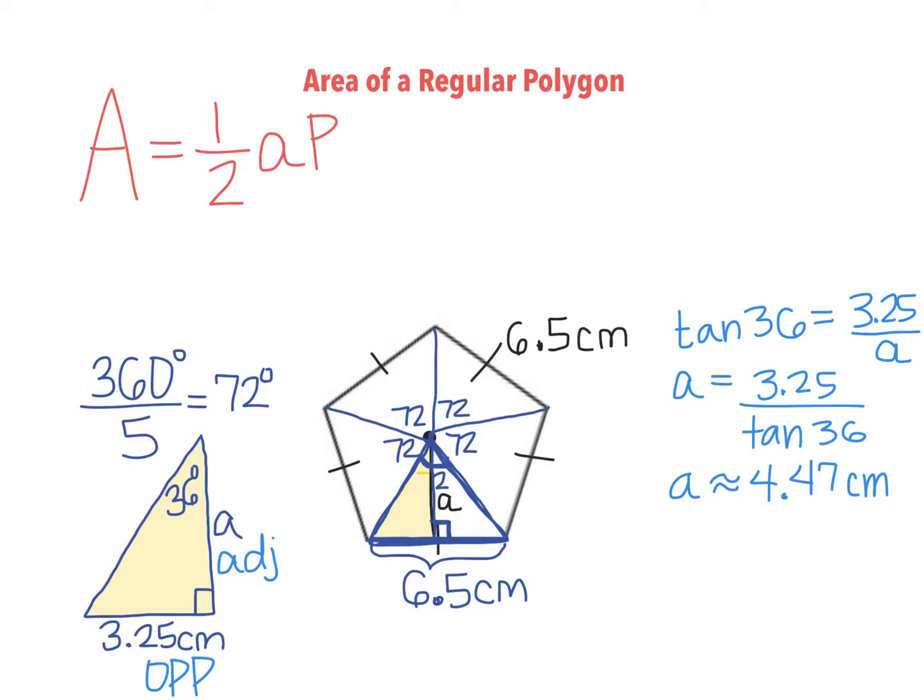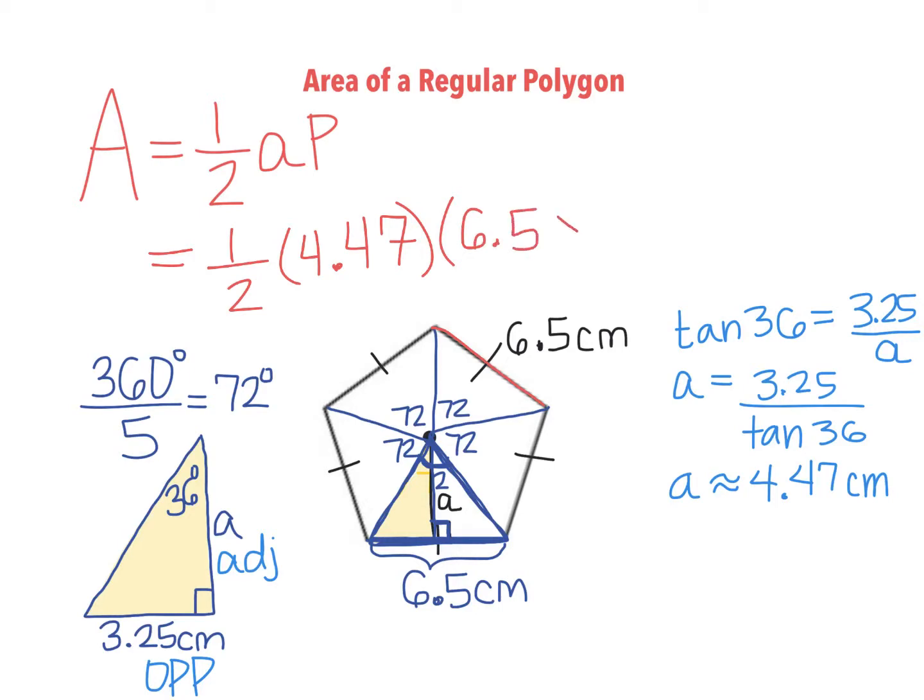Okay, so my apothem is about 4.47. Okay, for the perimeter, what do we know? We know that I have a side length right here of 6.5 centimeters.